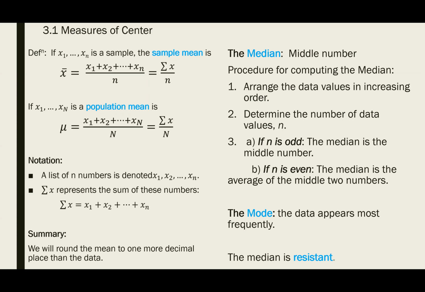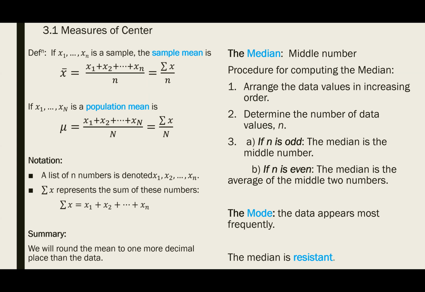the most times. And lastly, you will see this thing a lot later on, which is resistant. They say that the median is resistant, meaning that if we have an outlier, which is an extreme value, it will not affect our median, because for the median we just measure the position of your data.